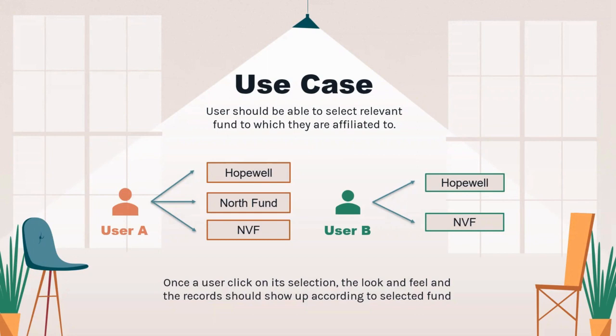Suppose I clicked on Kotak Mahindra: the branding set, the theme, and the records displayed, like what payments I have made, how many units are allocated to me, the graph, the exact market value, everything related to Kotak Mahindra is displayed in front of me, and only the things that are related to me, nothing else. So this is what the actual requirement was, and there were many tweaks and filtrations over there.